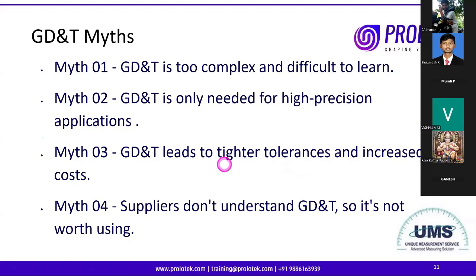So when you get 57% more tolerance, then it is no longer tight. Second thing is, since we are giving more tolerance for the manufacturer and for the inspector, the manufacturing method would become easier, and the inspection method would also become easier, so that cost will reduce. So having tighter tolerance or increased cost with GD&T is a total myth.